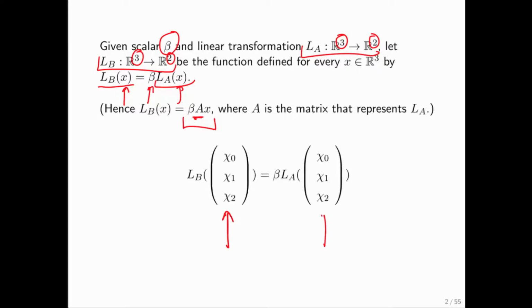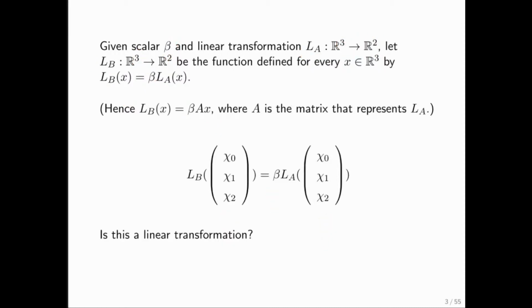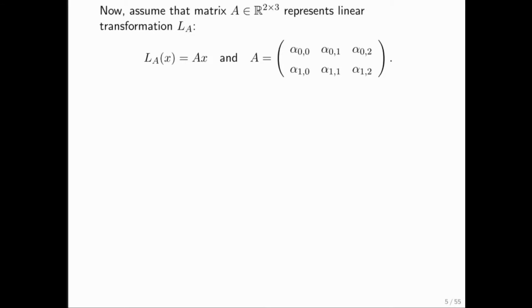You take that vector, you put it into the linear transformation L sub a, and the result is multiplied by beta. The question now becomes, is this a linear transformation? And if it is, what matrix represents it? As we have been doing all along, we're going to compute a matrix that might represent it, and then use that to see whether L sub b actually is a linear transformation.